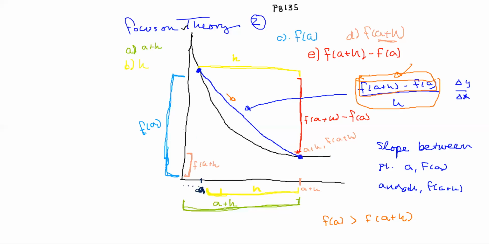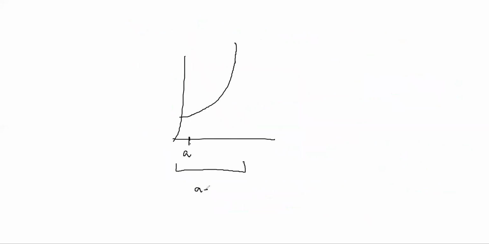If I were to draw something else, I'm going to clear this drawing, so just give me a couple more seconds. If we were to draw something that looked like this, and this was point A, and this is A plus h.